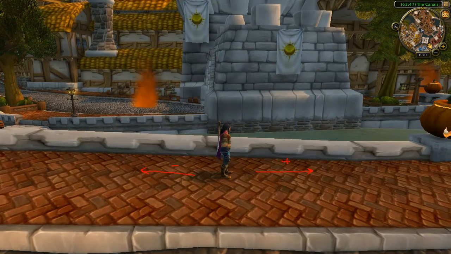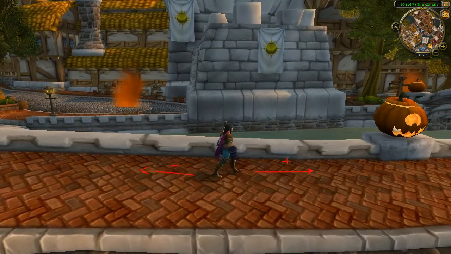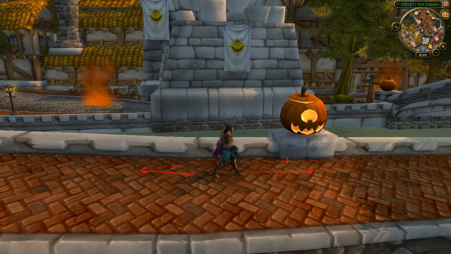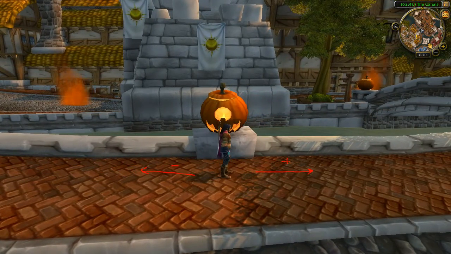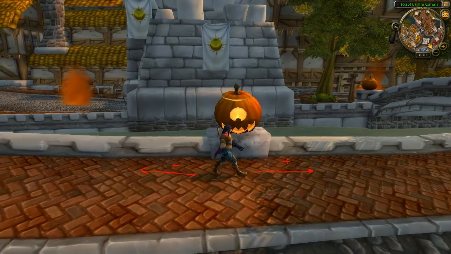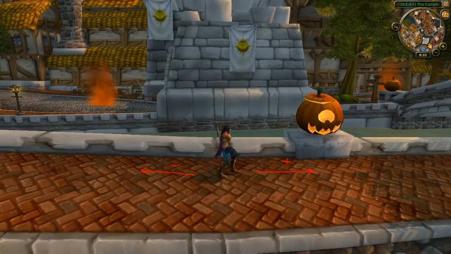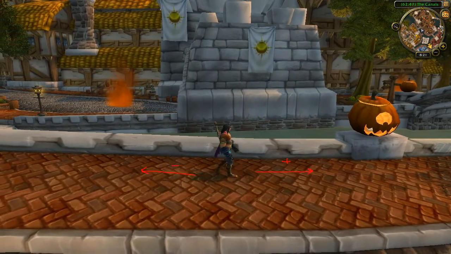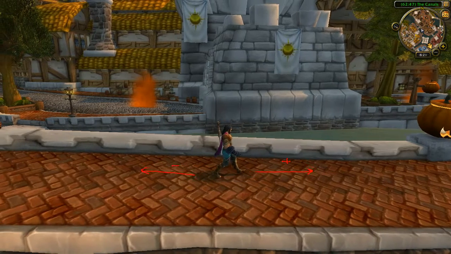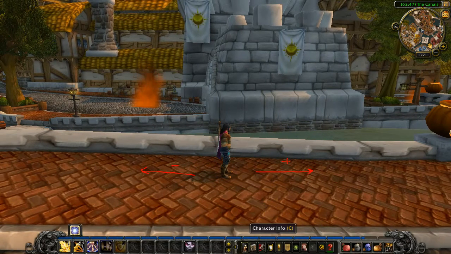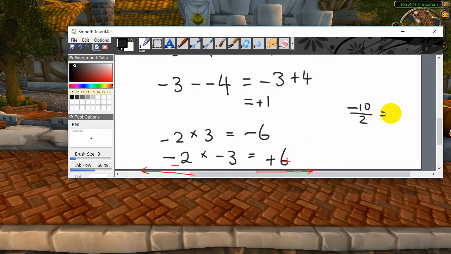If I walk back 10 steps, it's the same thing as taking 2 steps back 5 times. So 1, 2, 1, 2, 1, 2, 1, 2, 1, 2. So I've taken 2 steps back 5 times. So the answer is -5.